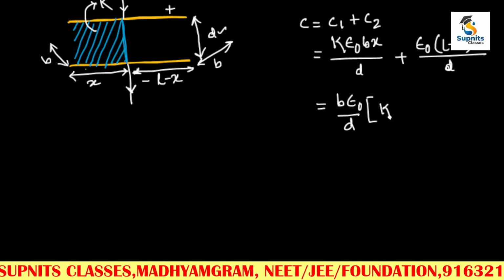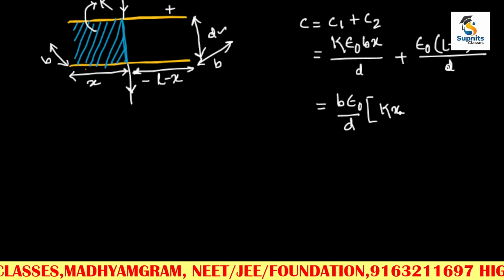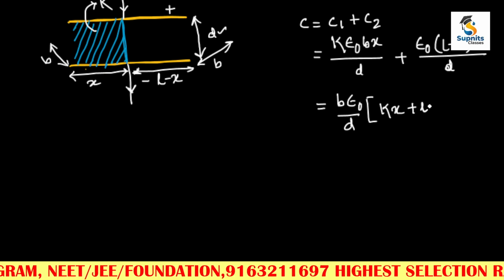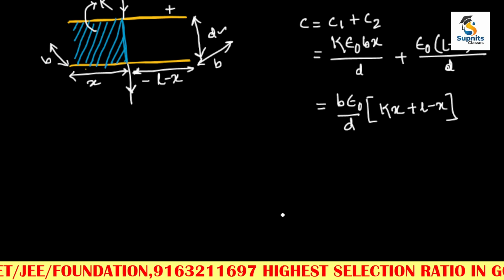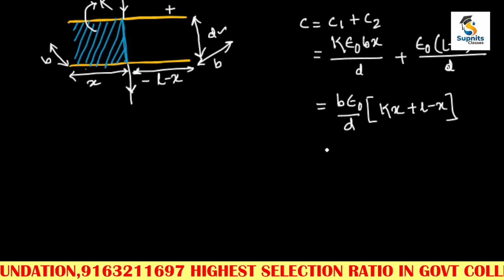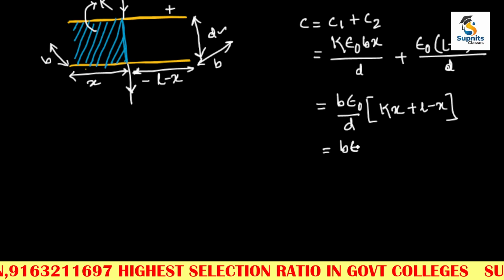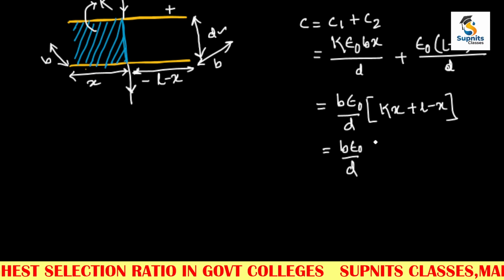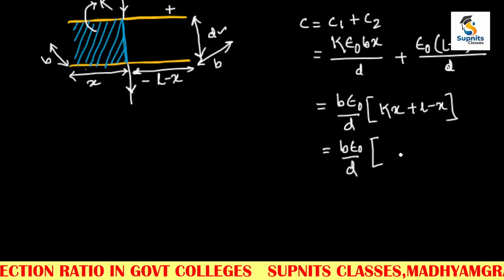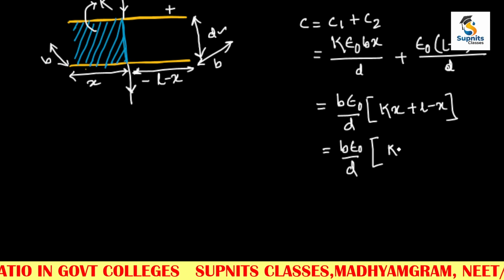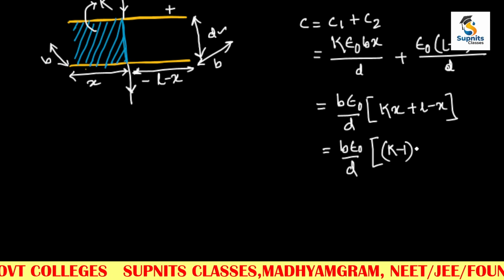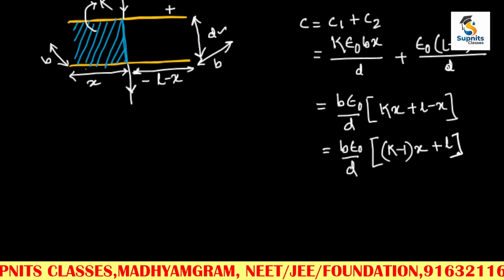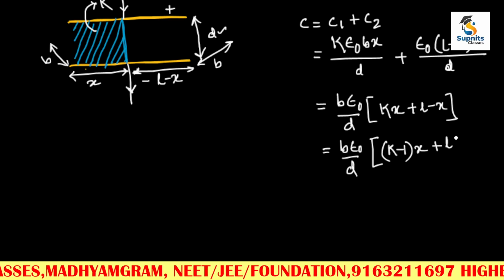So here we will be left with Kx, here we will have plus L minus x. Okay, so what we have got over here is B epsilon naught by d into (K minus 1)x plus L, right?